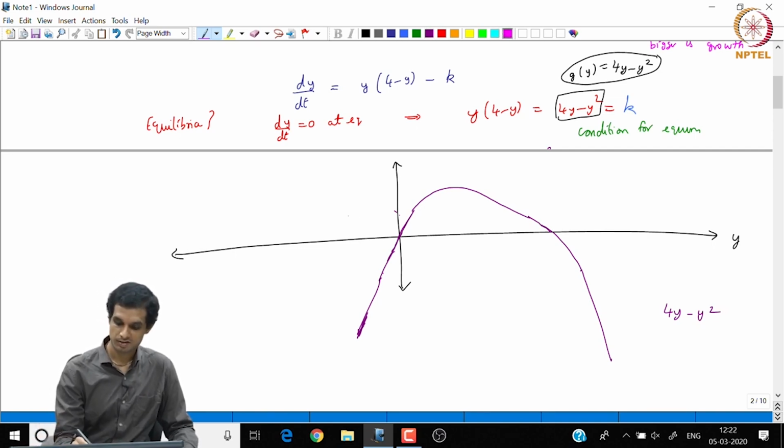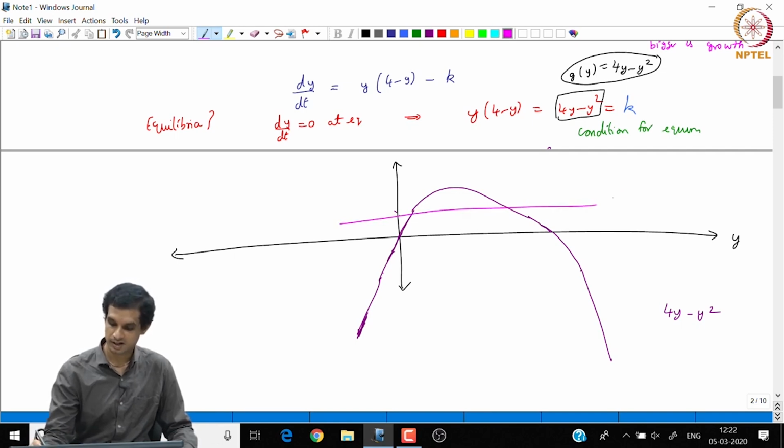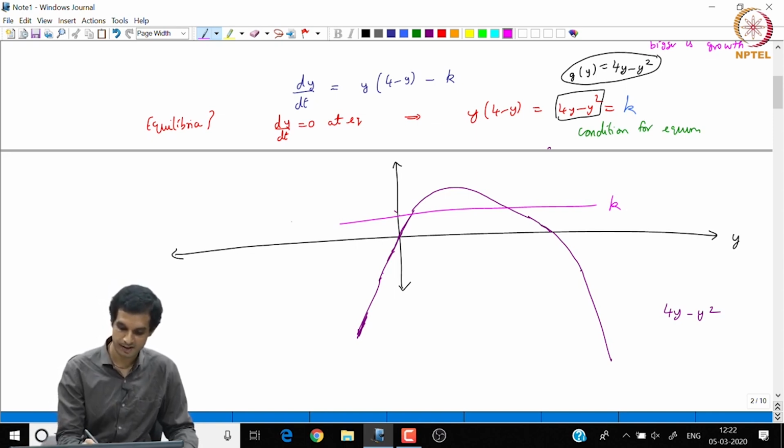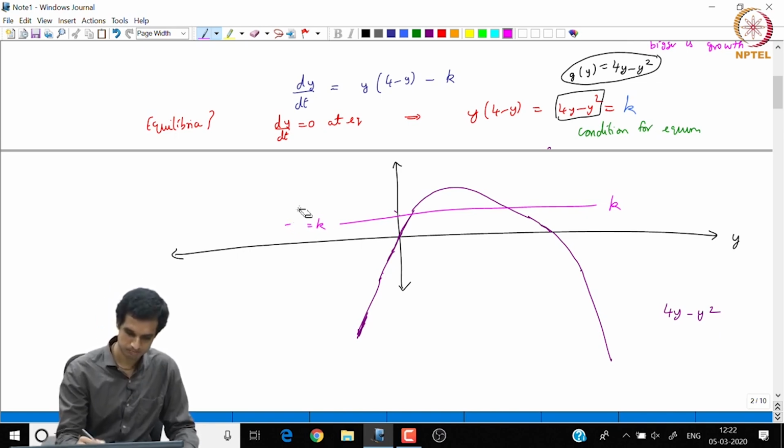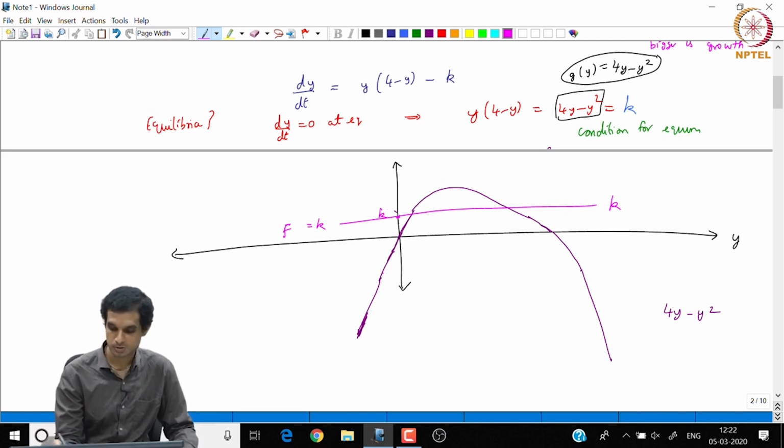So, this is the line, let us say k, the place where f is equal to k. Now, for equilibrium, these two curves have to intersect, because these two equations have to hold simultaneously. So, k should be equal to 4y minus y square. Typically we say we get two equilibrium points.